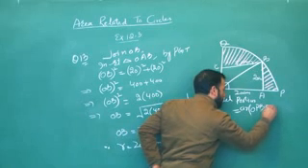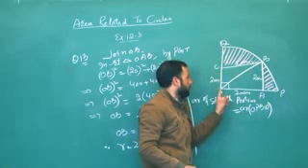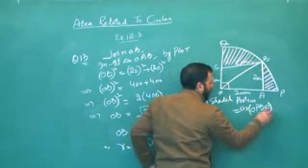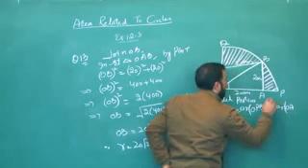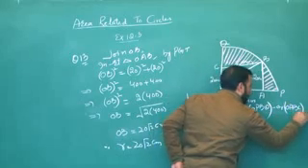What is OPBQ? Clearly it is a quadrant because one angle equals 90 degrees, minus the area of OABC. What is OABC here?